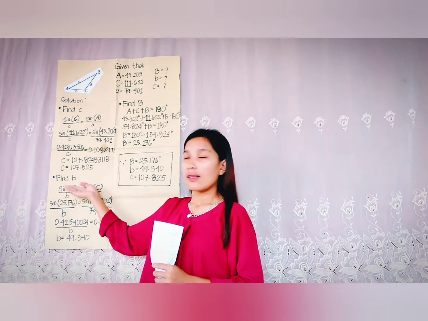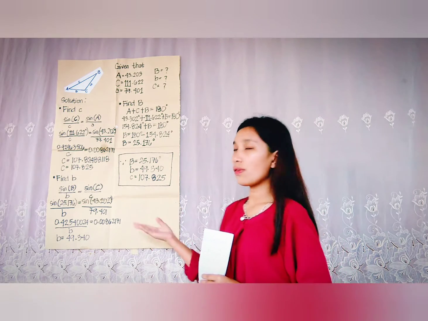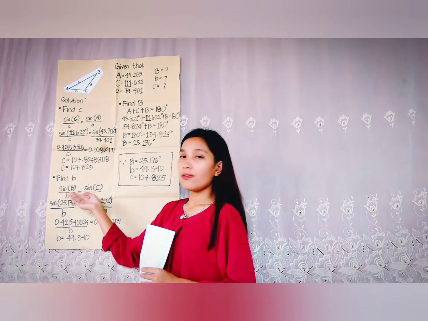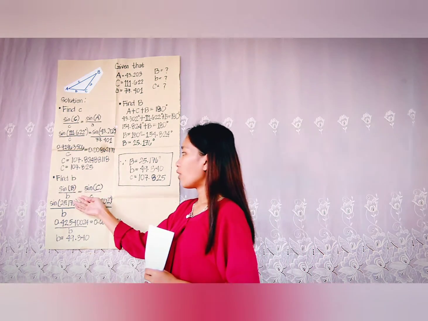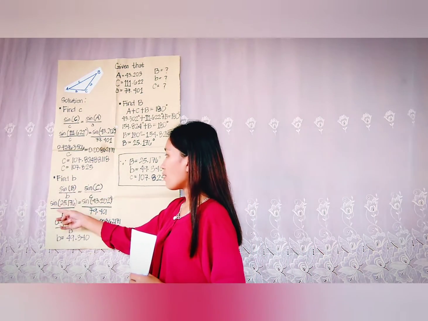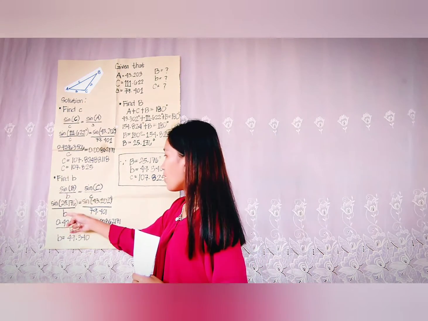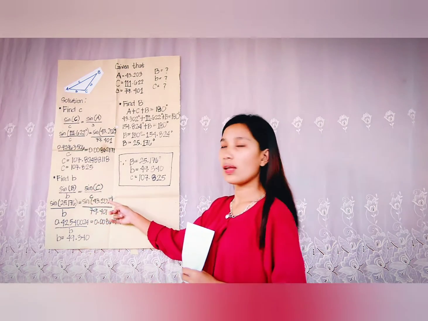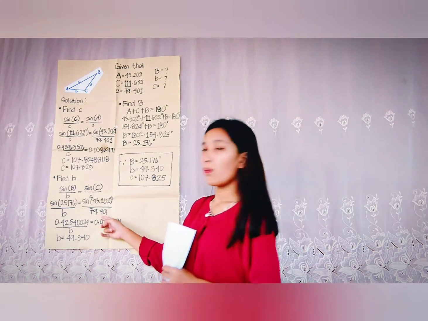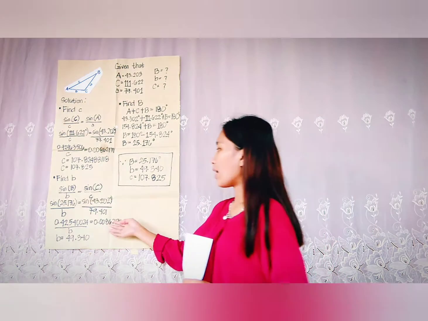Now that we already solved the value of side C, let's proceed to find the other side, which is side B. And again, we should use the formula of the law of sine. So we simply substitute the given value in the formula. So sine B, 25.176, over B is equal to sine C, which is 43.202 degrees, over 79.401. So now let's simplify.